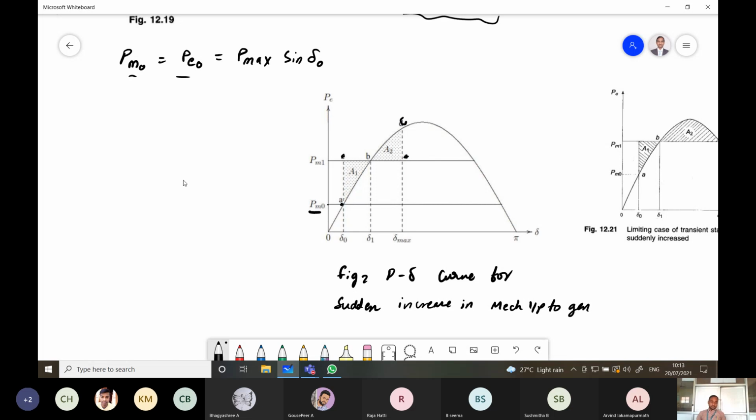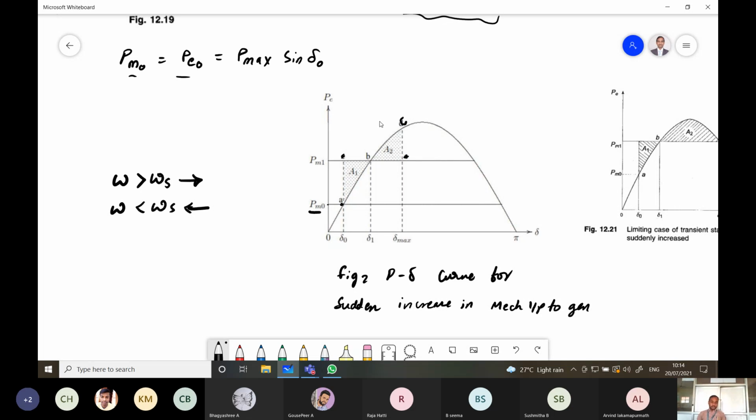Okay. So initially, if omega is greater than the synchronous speed, the direction will be on this side. If omega is less than the synchronous speed, then the direction will be on this side. So accelerating and decelerating of speed will take place.